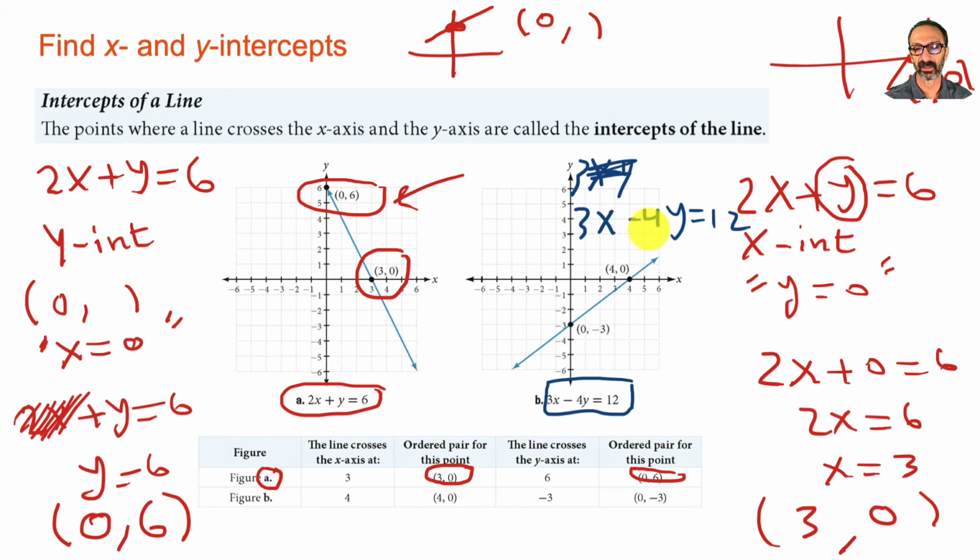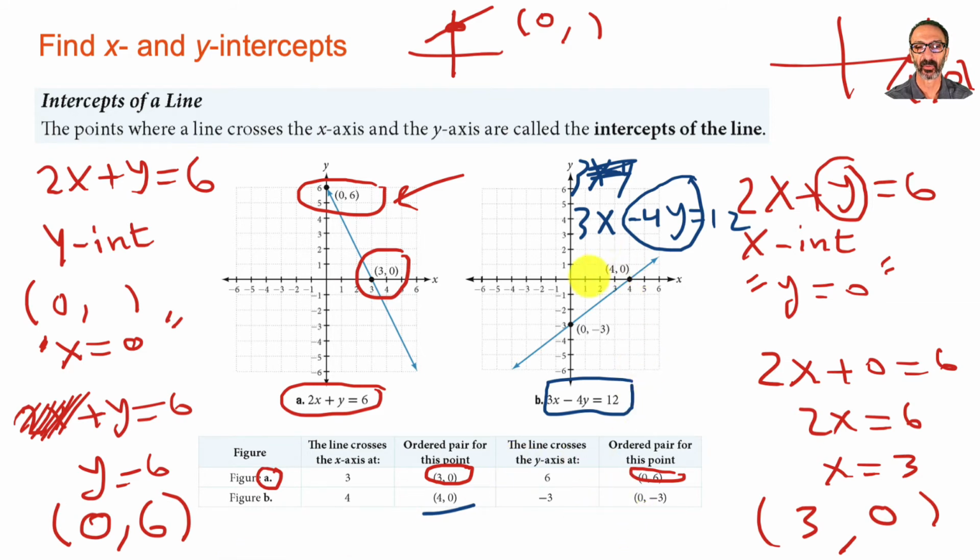If this is 3 and this is 7 and this is like 31, that's not going to be a good choice for an x and y intercept graph. So when y is 0, this is gone. 3x equals 12, that means 3 times 4 equals 12, so x is 4. You see it? It's kind of quick. And that's how you do the other one.